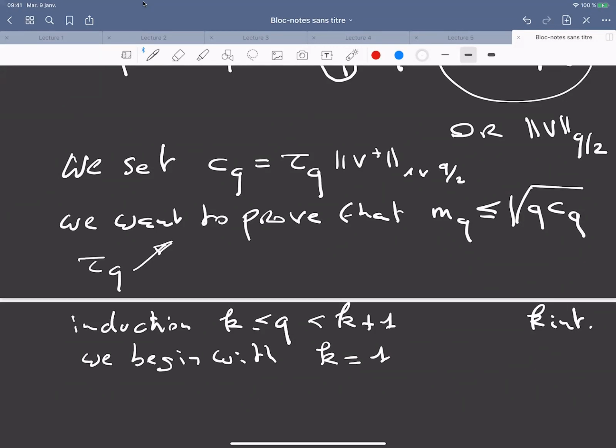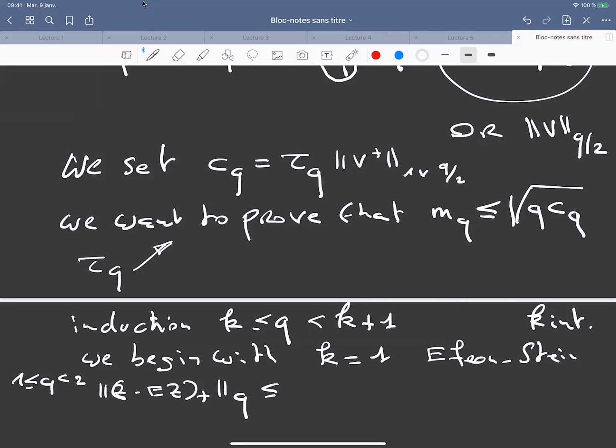We start the induction by using Efelstein, just because, of course, the LQ norm, if Q is between 1 and 2, is less than the L2 norm, which is less than the square root of the L1 norm of V plus.